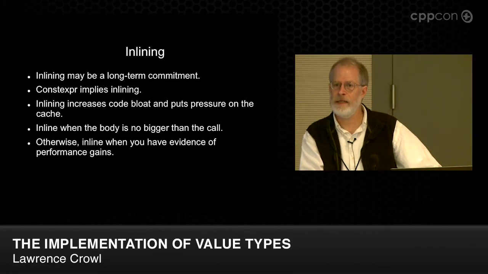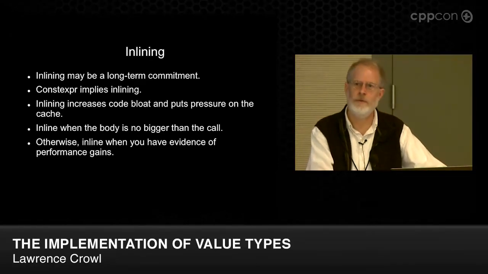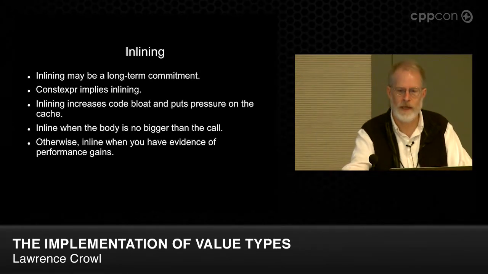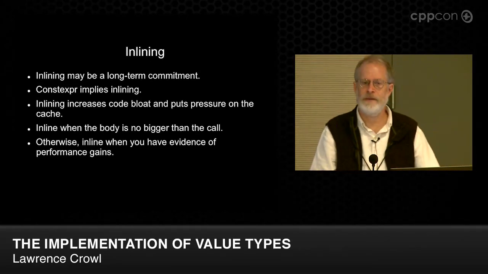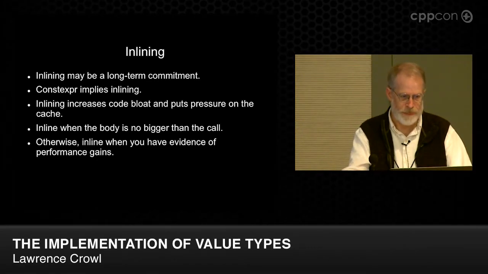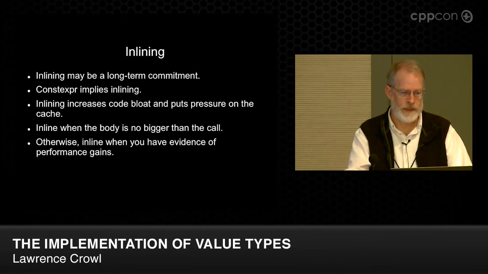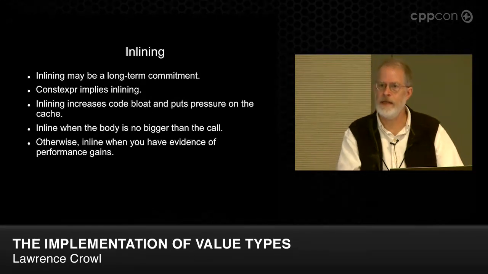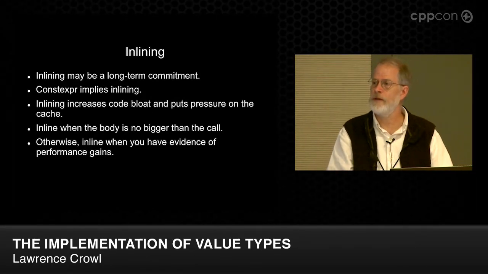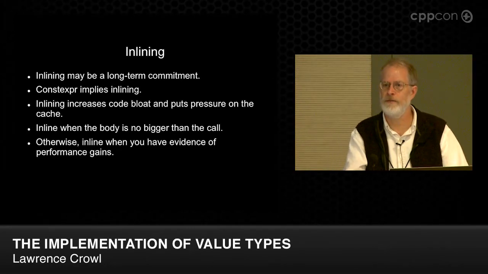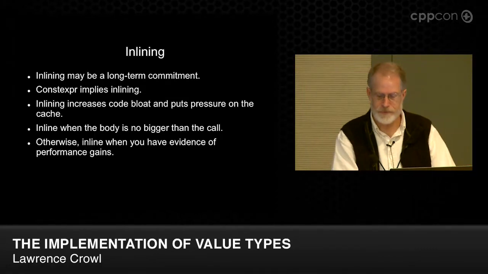Compilers may or may not inline it. This could give you inconsistent behavior in performance on various applications because compilers might hide the consequences. But you're going to have to make a choice. So my recommendation is inline if the code is going to be smaller than the call site. Otherwise, inline only when you have evidence that the performance matters.